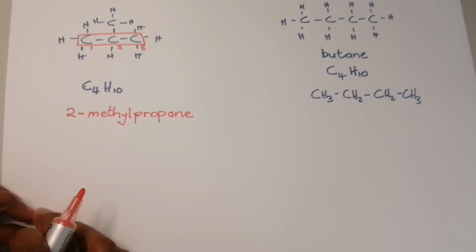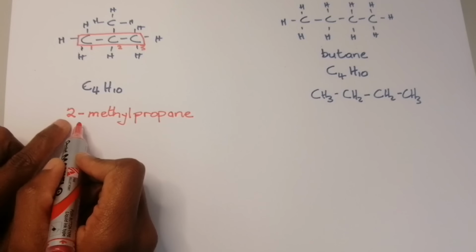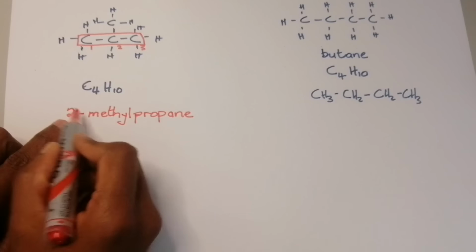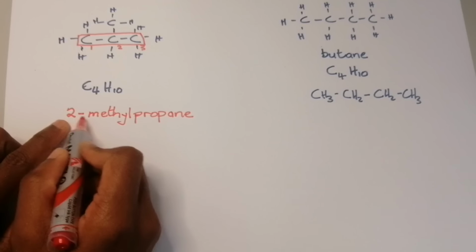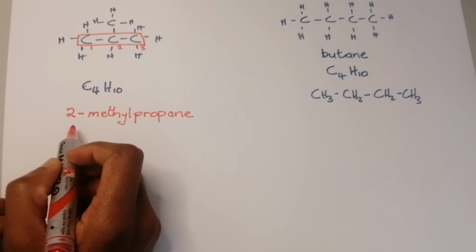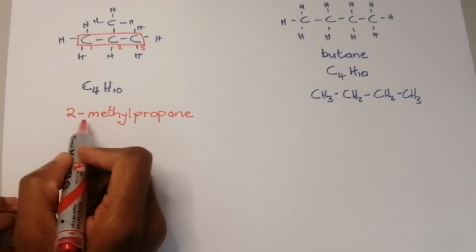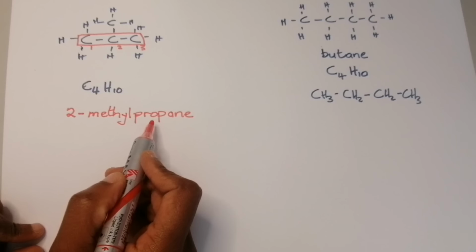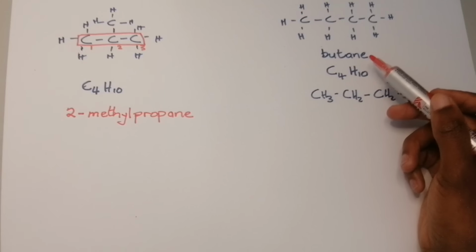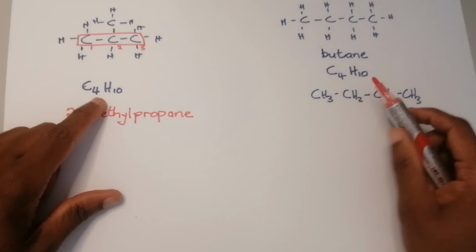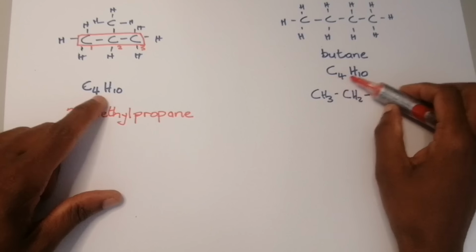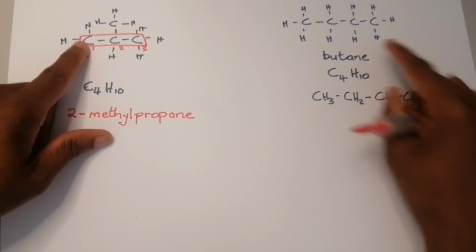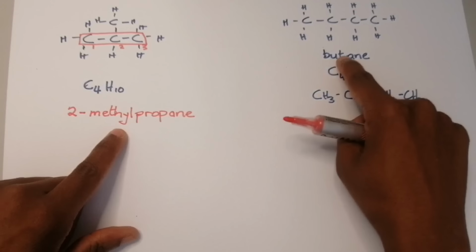Now, please note, ladies and gents, between every number and a letter of the alphabet, we always put a hyphen, a dash, so that we are able to see the difference between the two. So this is 2-methylpropane, whereas that one was butane. And I want to sensitize you again to the same thing: the molecular formula was the same, structurally they looked different, and as a result, that is why even their naming is different.